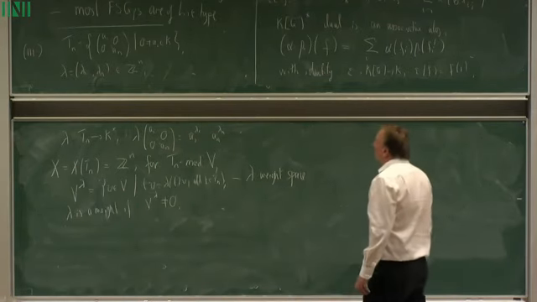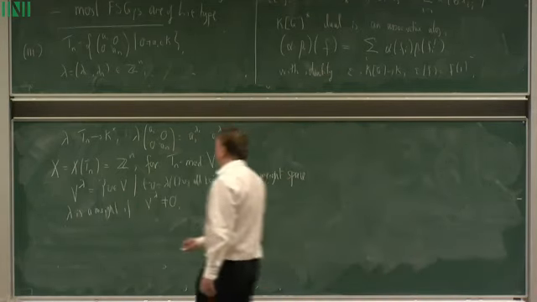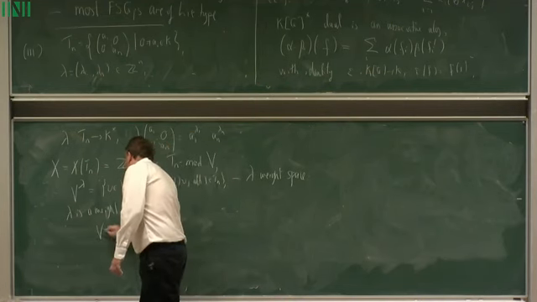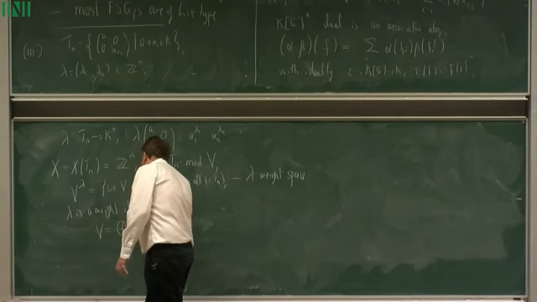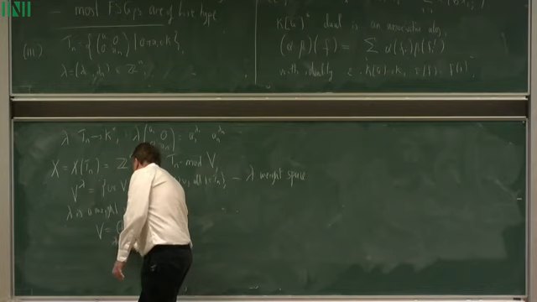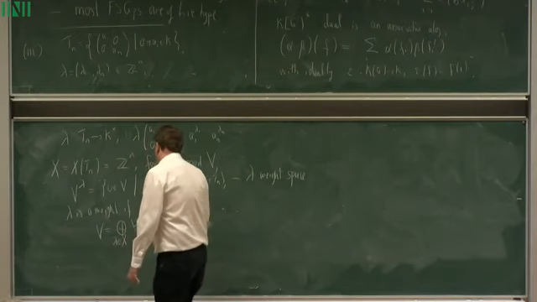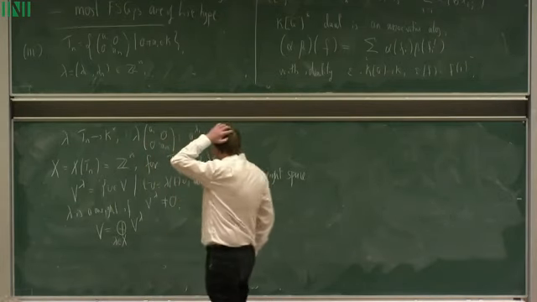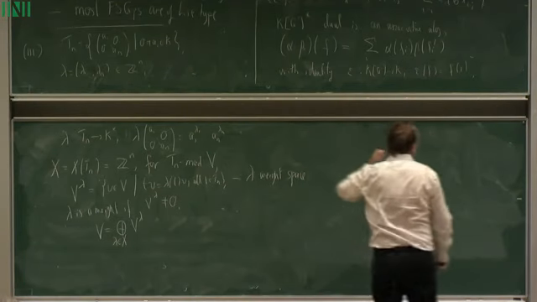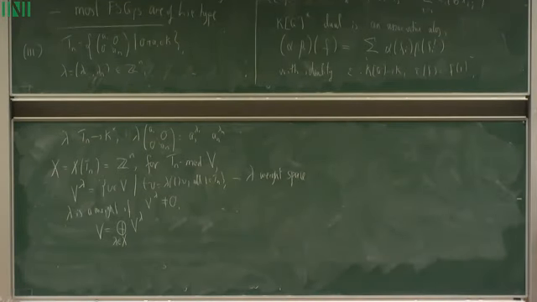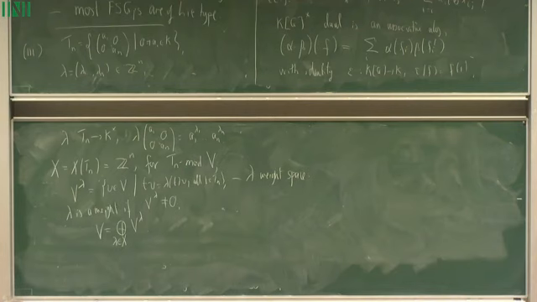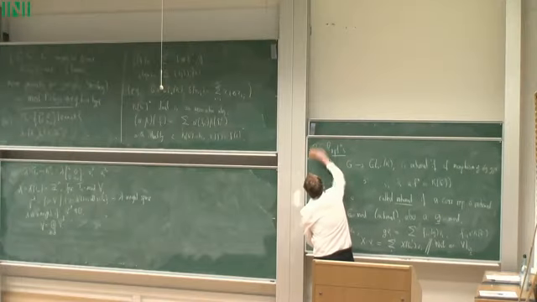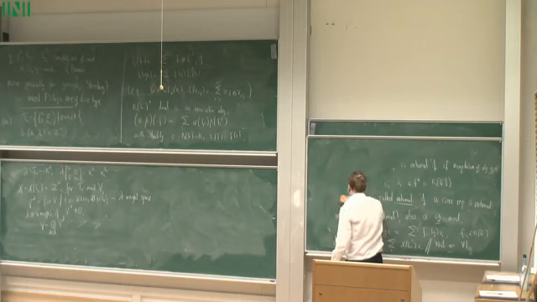Now, every T-module decomposes as a direct sum of its weight spaces. And so one wants to keep track of these weight spaces, and there is a device for that. It's called the character, the formal character.